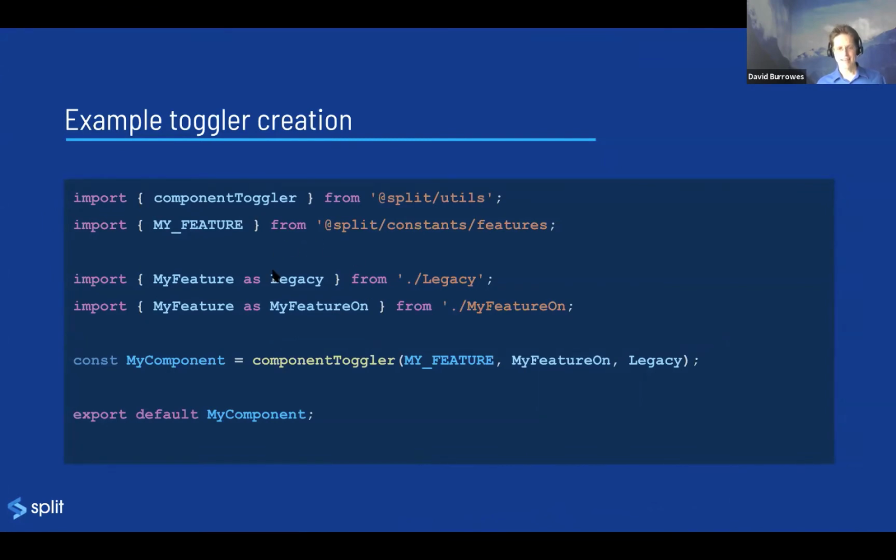You can see here in the middle, I'm loading an old and a new version of the component I want to do a feature flag around, and I'm creating a toggler. I hand it the flag name and the two versions of the function, and it hands back a new function. And that's kind of all there is to it.